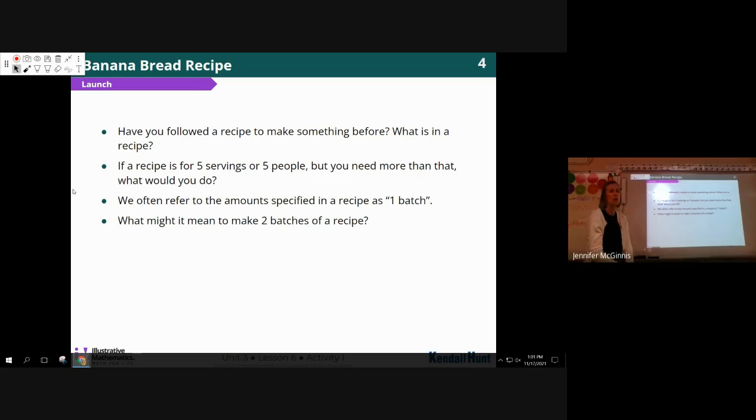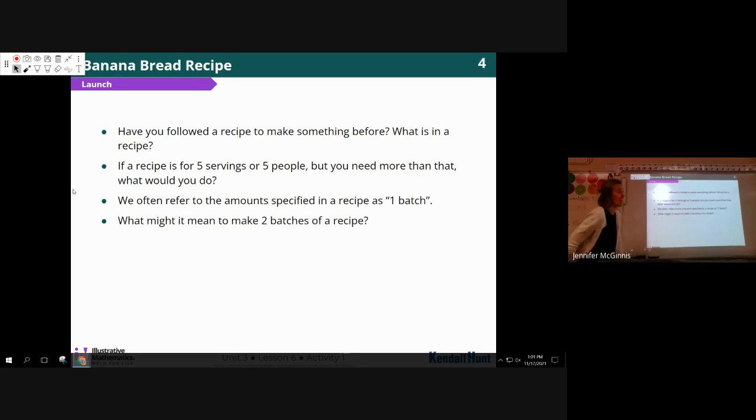Super fun. Question. If a recipe is for 5 servings or 5 people, but you need more than that, what would you do? Sophia? What would you do with it? Okay. But think about it this way.